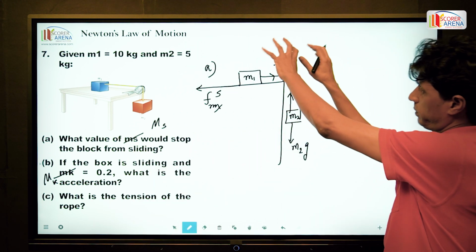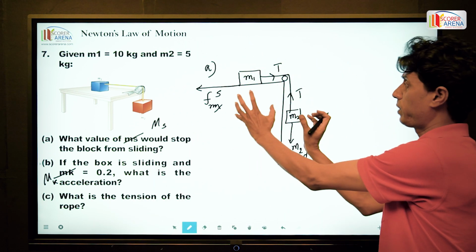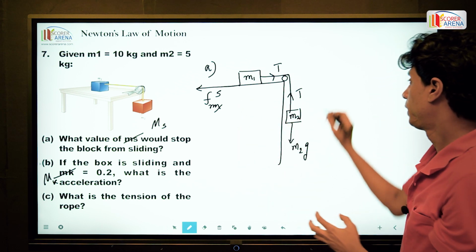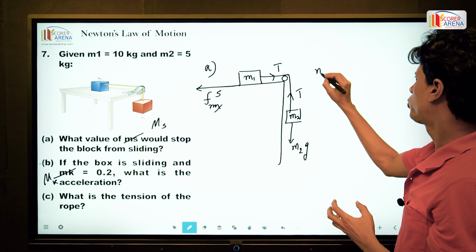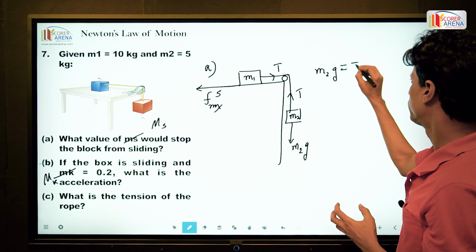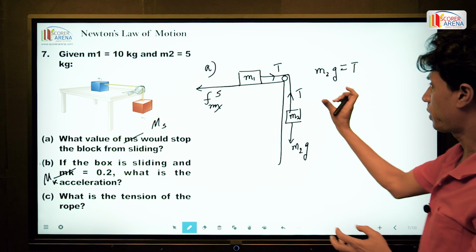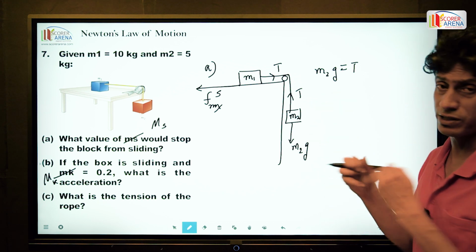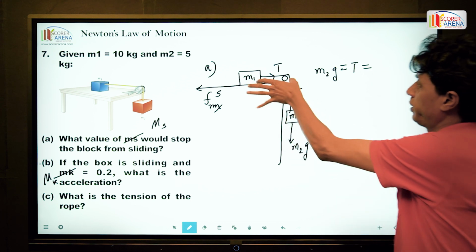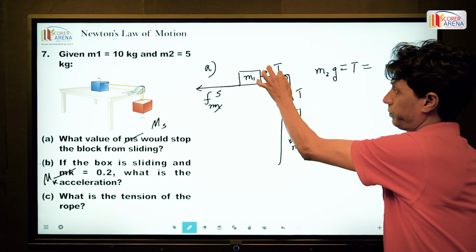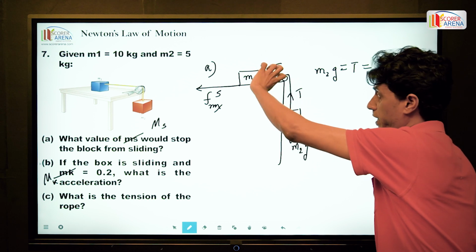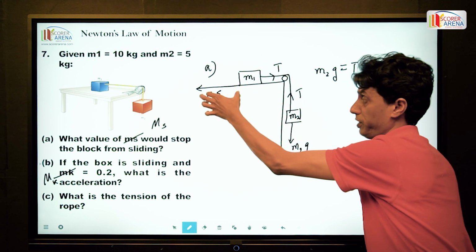Since these two bodies are in equilibrium, we can write M2G equal to T. Force downward, force upward, so net force on this body is 0, and tension here is balanced by the maximum static friction.